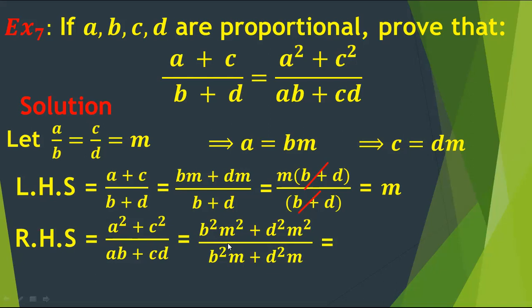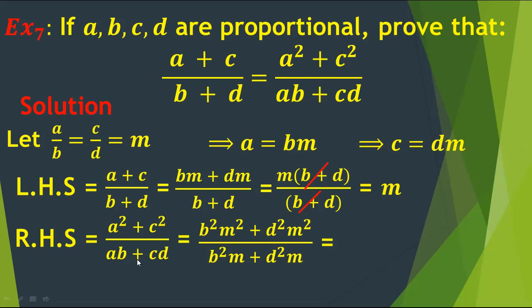We can write it as one step or two steps. A equals BM, BM all power 2, so it will be B power 2 M power 2 plus, C equals DM, DM all power 2 equals D power 2 M power 2.